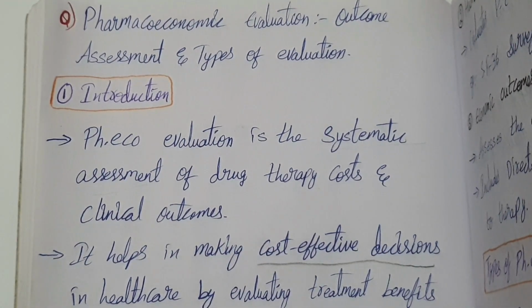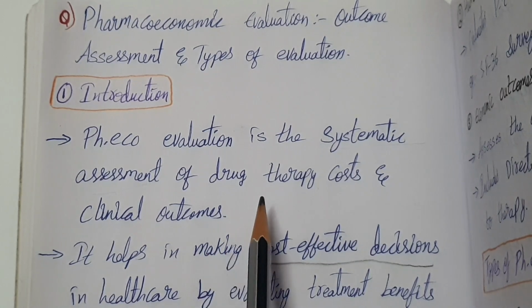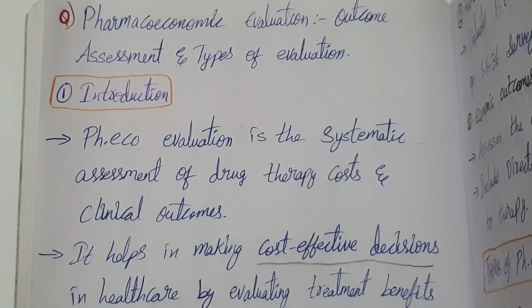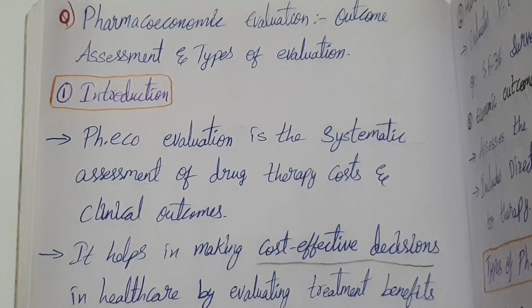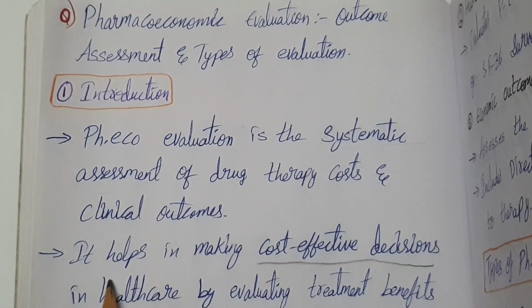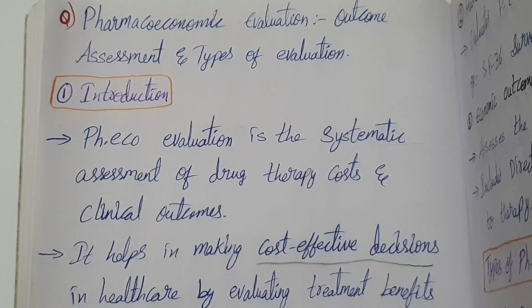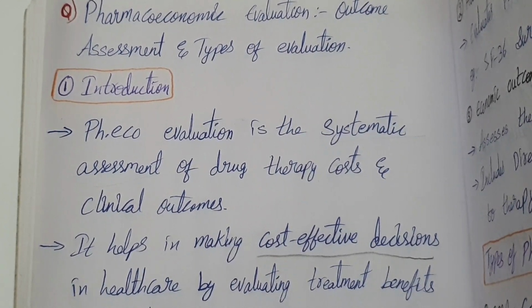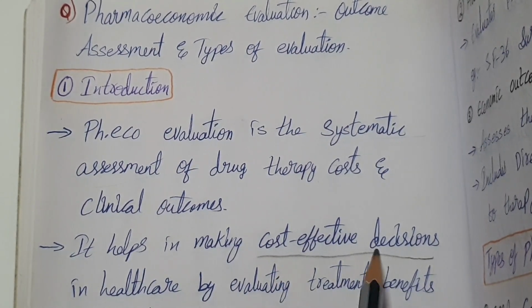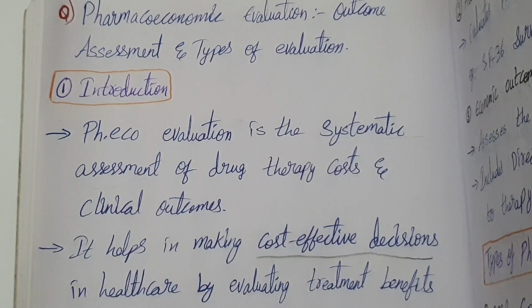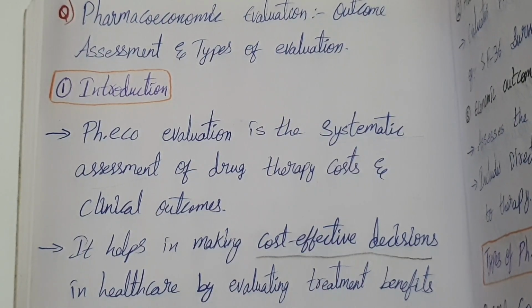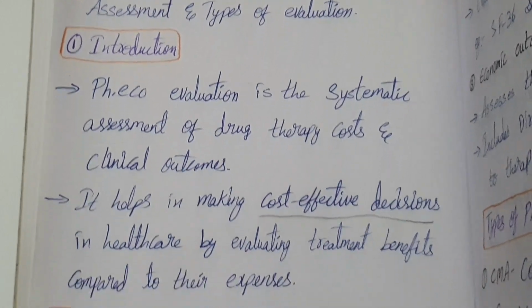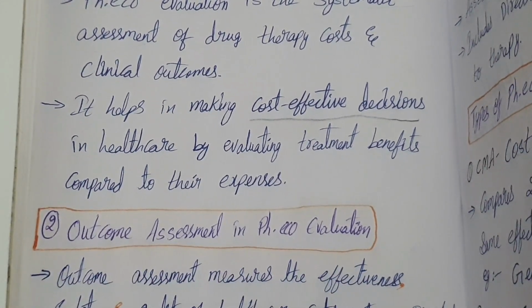The outcome which is produced is compared with the drug therapy cost. So it helps healthcare professionals to pick treatments that give the best value for money, cost-effective decisions. Value for money, improving both patient care and resource use.